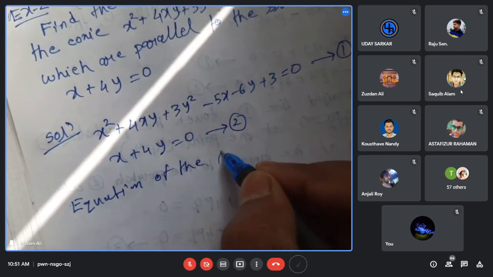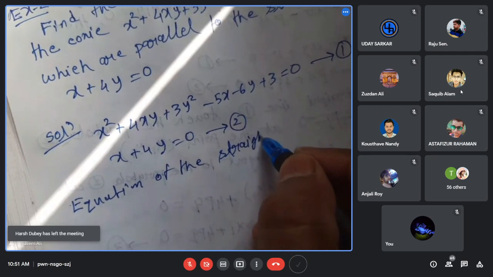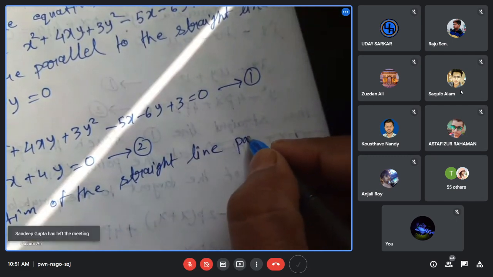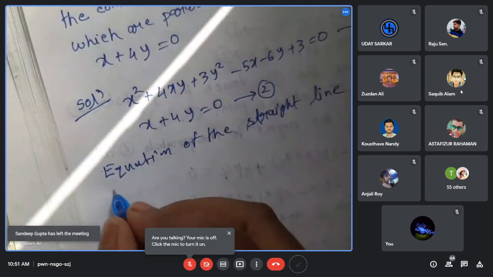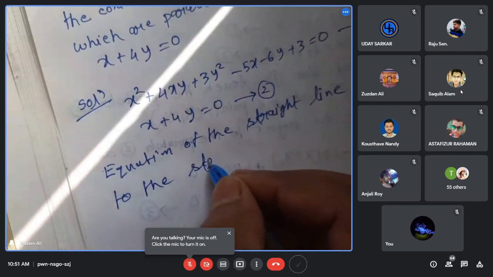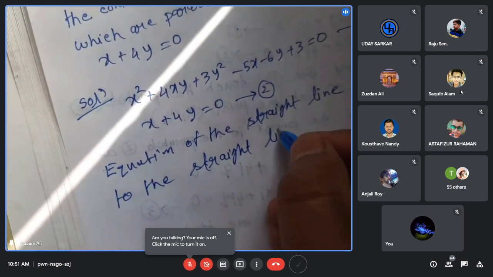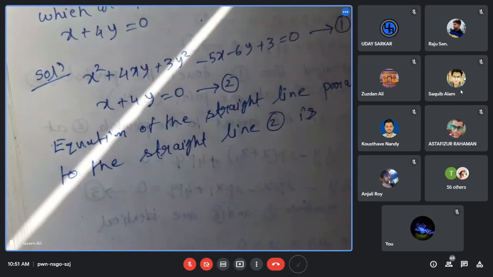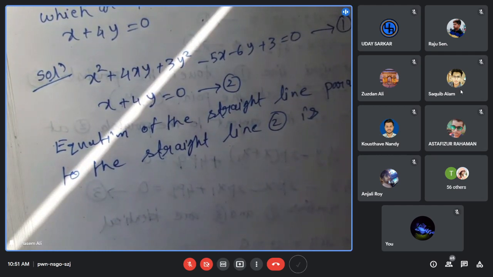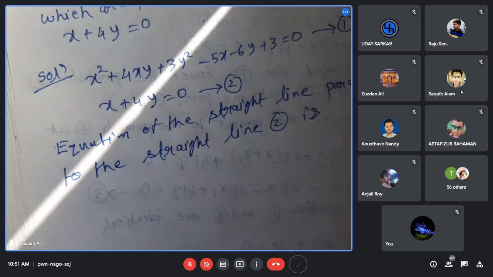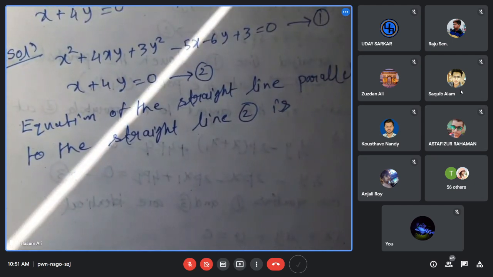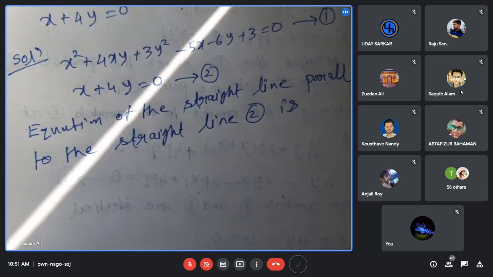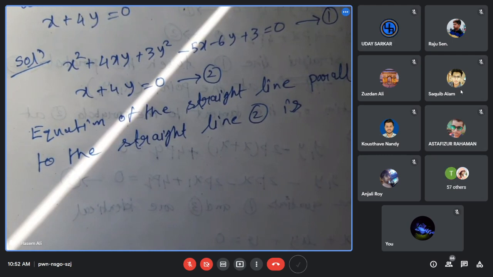Now, the equation of the straight line parallel to the straight line 2.